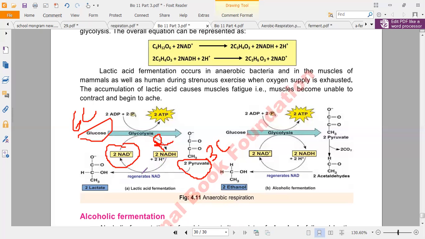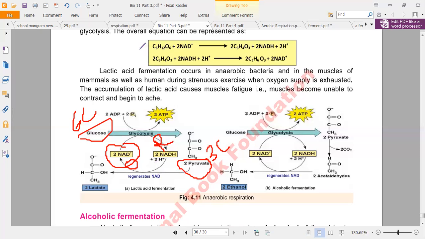But here no oxygen is present, so this NADH will again oxidize. So this is an oxidation reaction, and we'll get NAD plus again. So this NAD and NADH reduction and oxidation process will move on again and again.